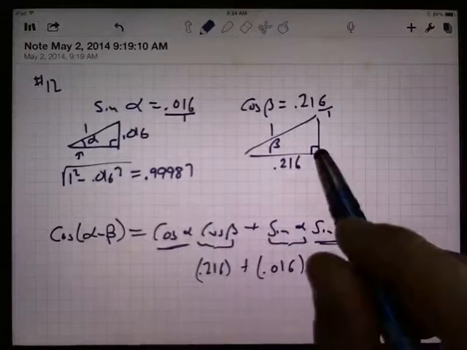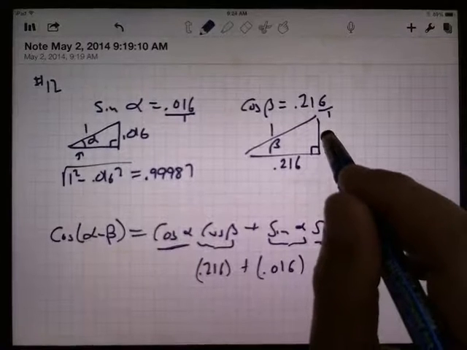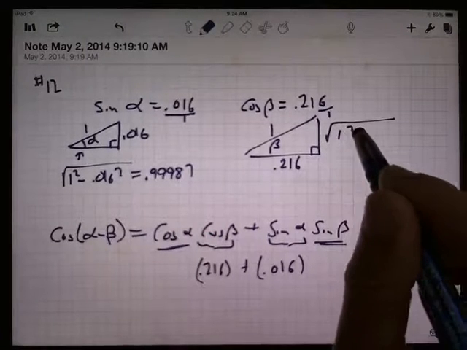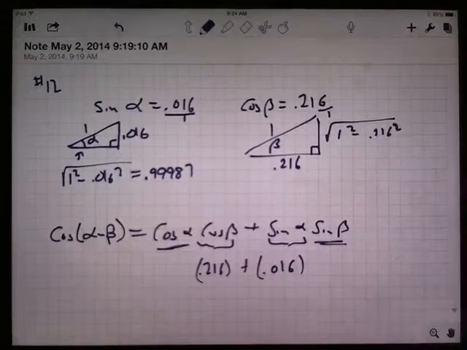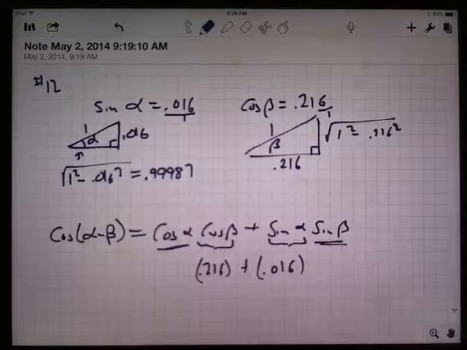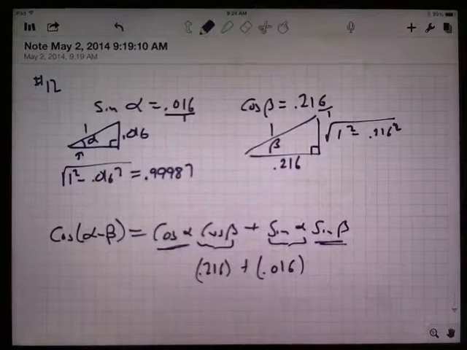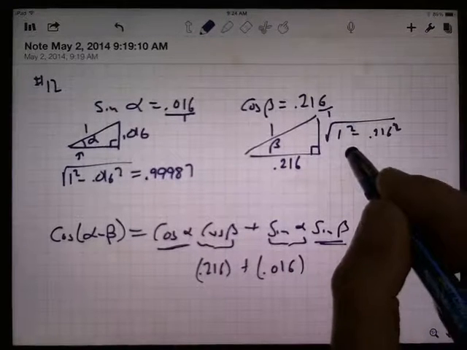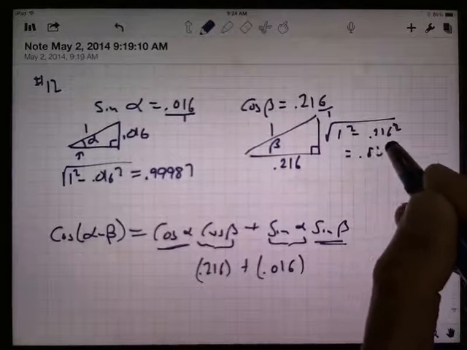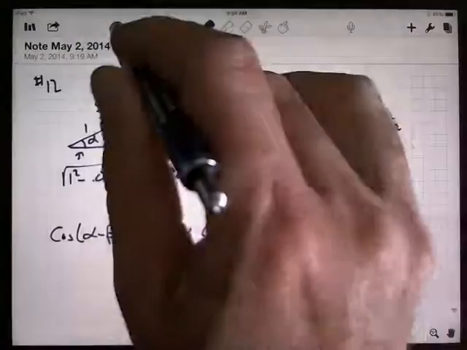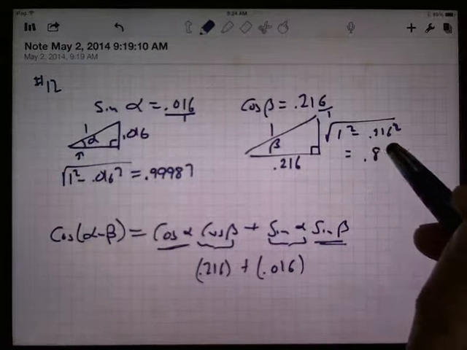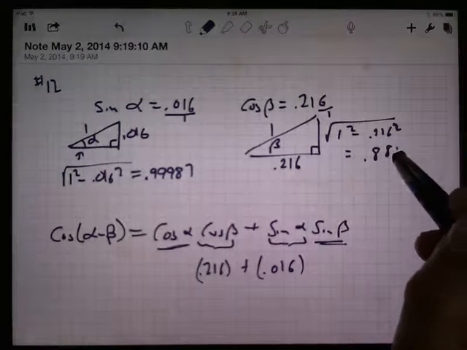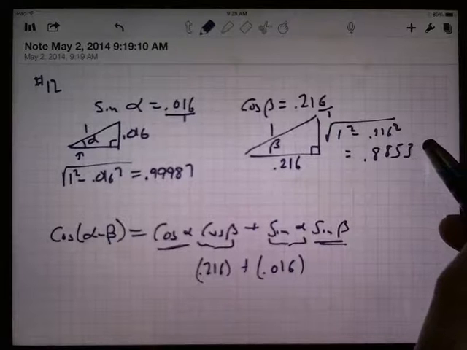Likewise over here, this is the square root of 1 squared minus 0.216 squared, which gives me 0.885324.